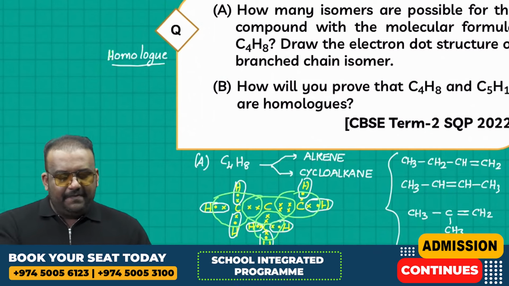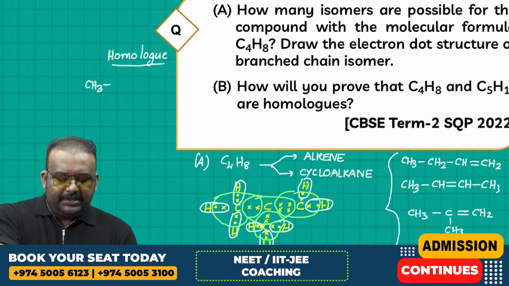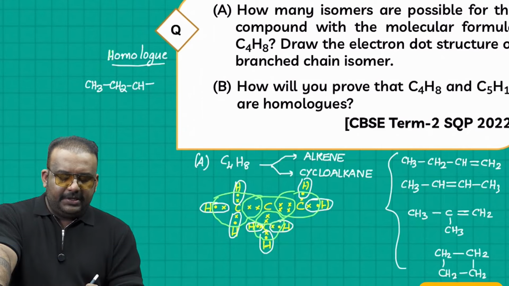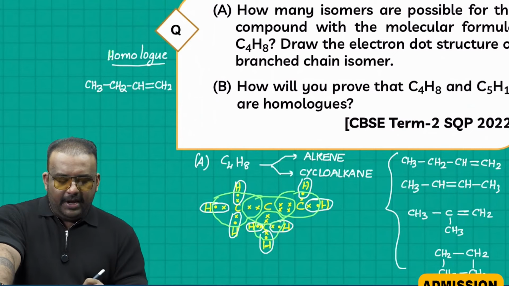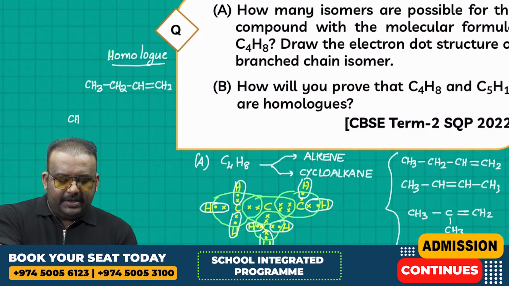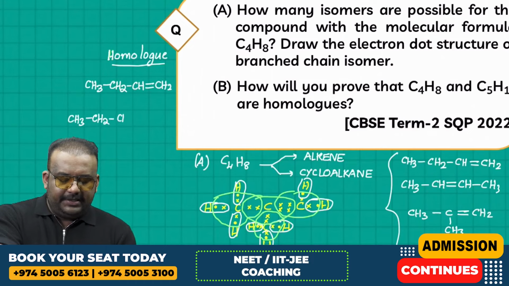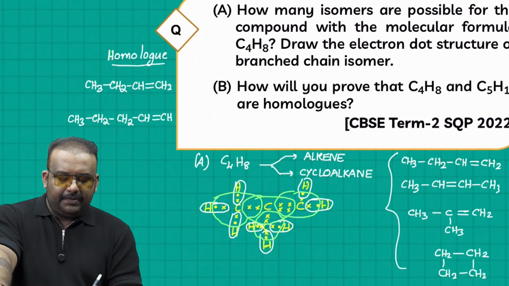For example, take C4H8 and C5H10. C4H8, I can draw the structure as CH3, CH2, CH, double bond CH2. This is C4H8, butene. The next formula is C5H10. I can draw its structure as CH3, CH2, CH2, CH double bond CH2.